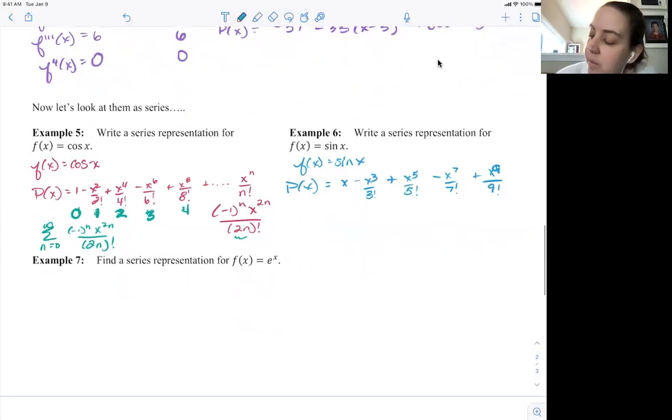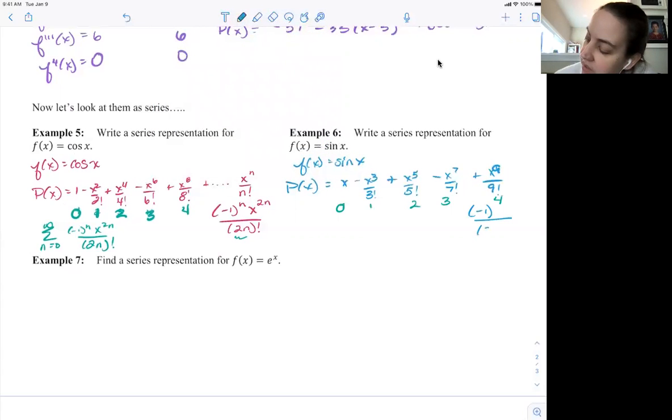So let's see if we can come up with the same general term. We're definitely going to have to deal with a negative 1 to the n. That's the alternating piece. Let's see if we can label our terms. Term 0, term 1, term 2, term 3, term 4. So it looks like we're doing 2n plus 1 on each of these, doesn't it?